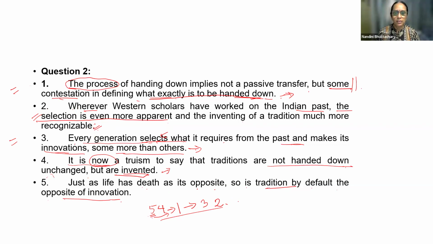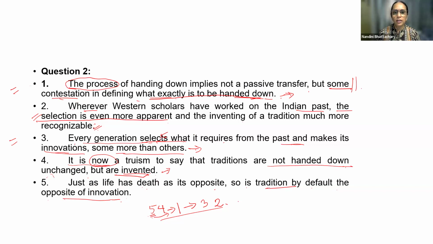Just as life has death as its opposite, so is tradition by default the opposite of innovation. It is now a truism to say that traditions are not handed down unchanged but are invented. That brings in the innovation. The process of handing down implies not a passive transfer, but some contestation in defining what exactly is to be handed down. Make sense? Okay, then we come to 3.